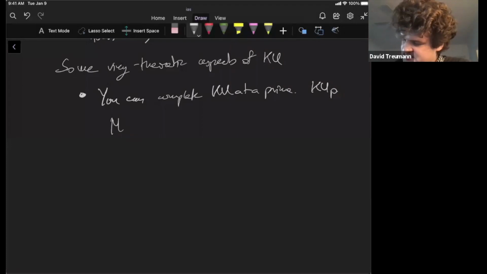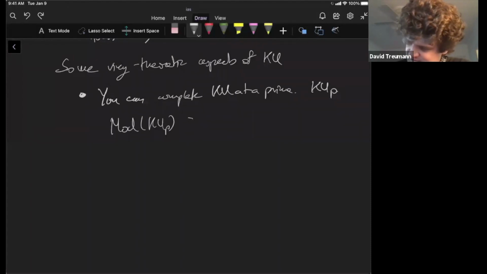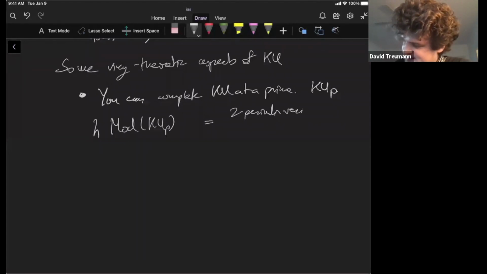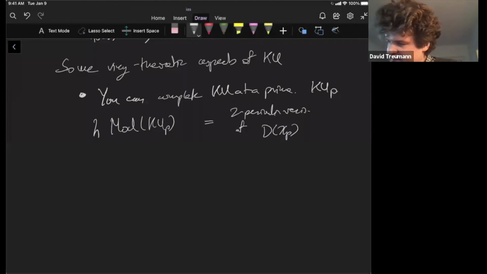And the homotopy category of modules over KUP is the two periodic version of the derived category of modules over ZP.